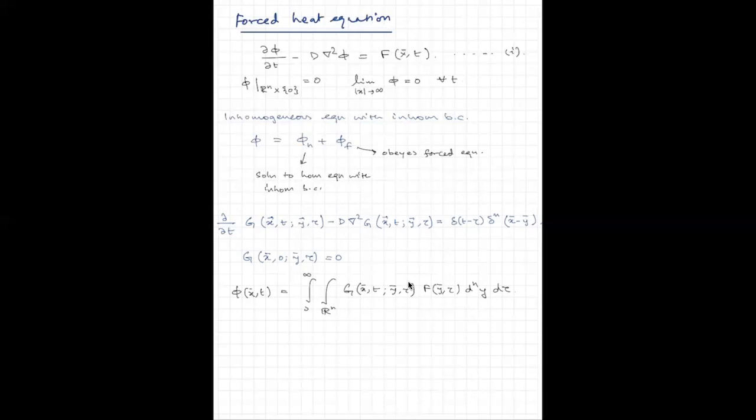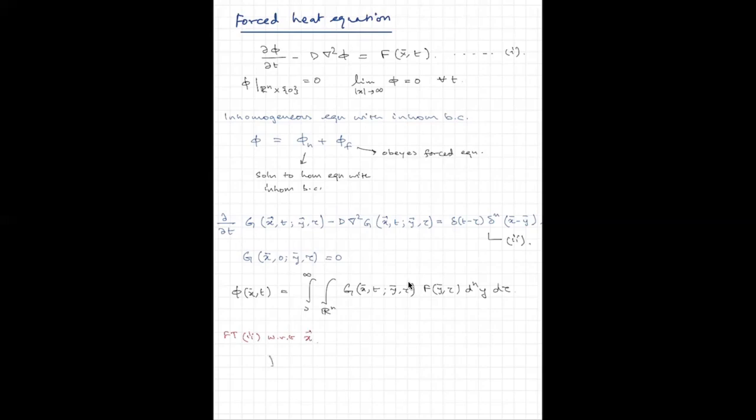Now, what do we want to do? To construct the Green's function, we are going to Fourier transform. So let's call this equation 2. We're going to Fourier transform equation 2 with respect to the spatial variables x.